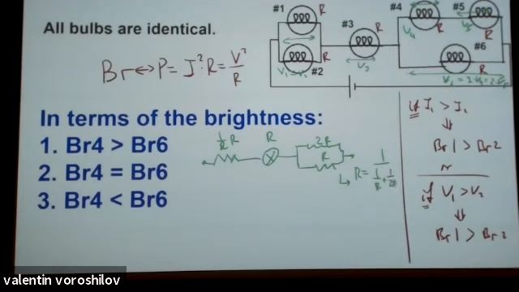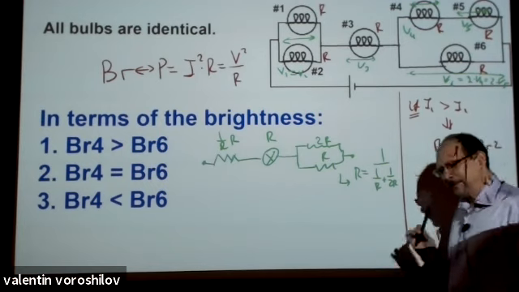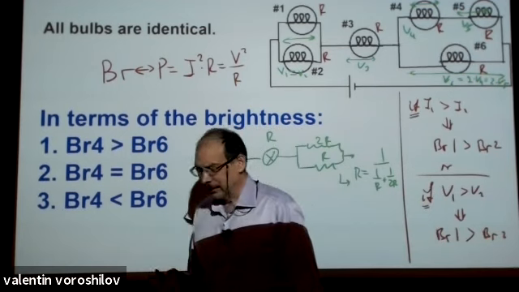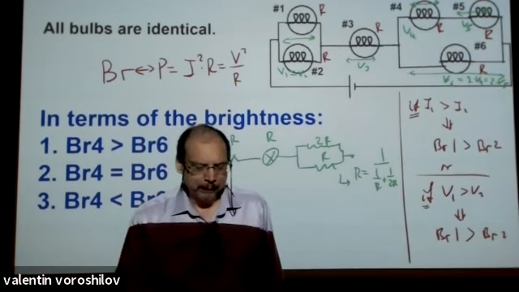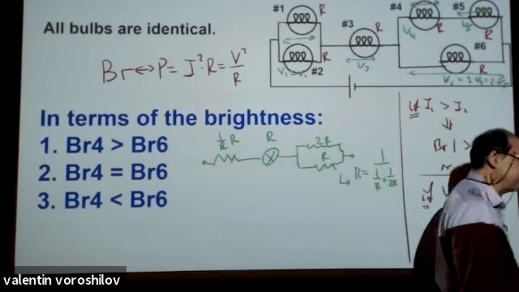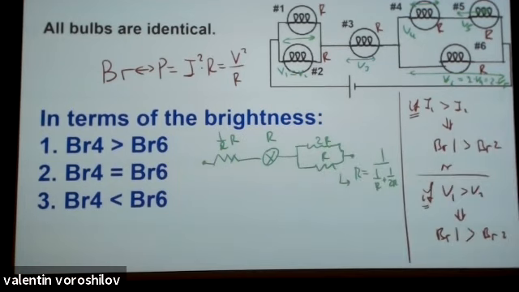Now, I told you in PY105 a little trick. When we know for sure that an actual value of something does not matter, we could set that value to a convenient number. For example, I don't know the battery. I could set it to, I don't know, 120, why not? For brightness, for ranking, it should not matter.